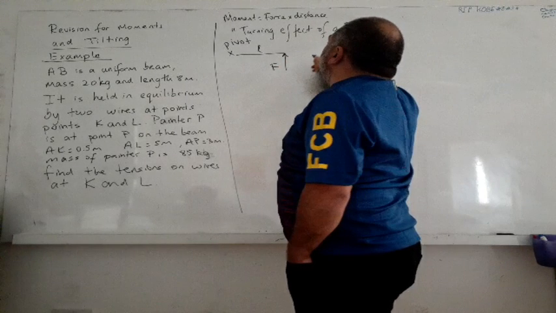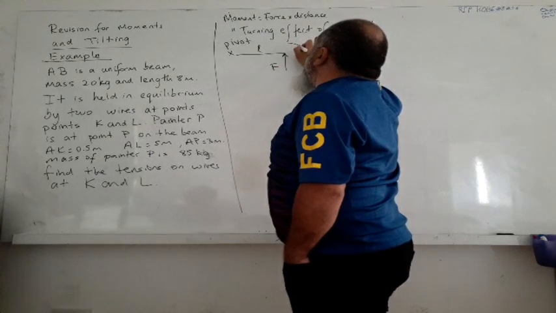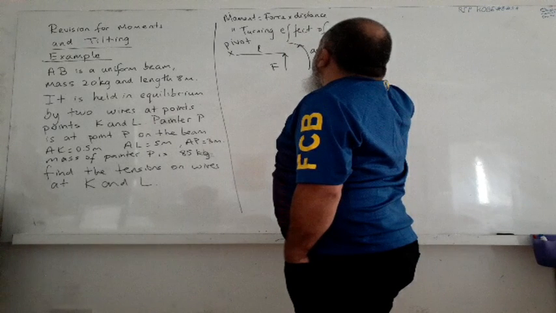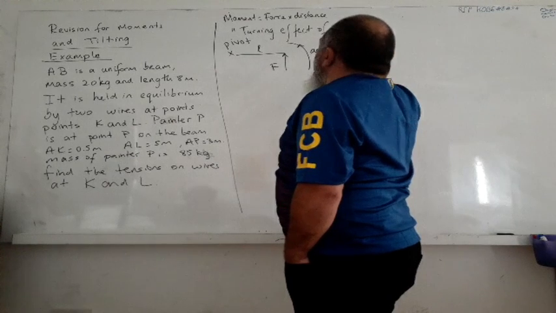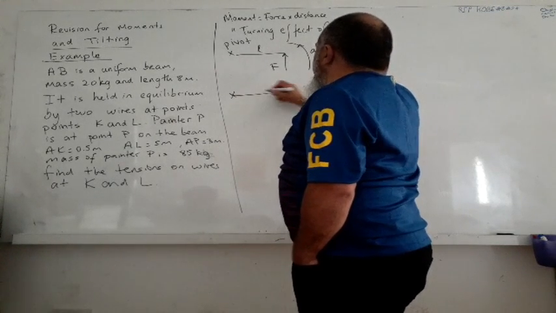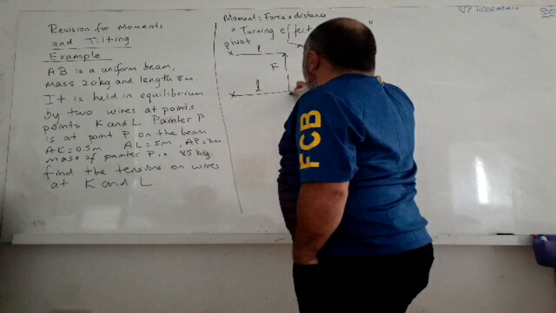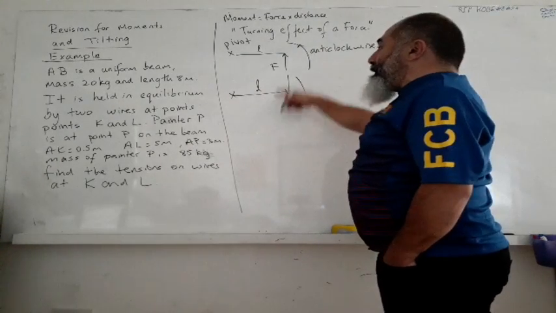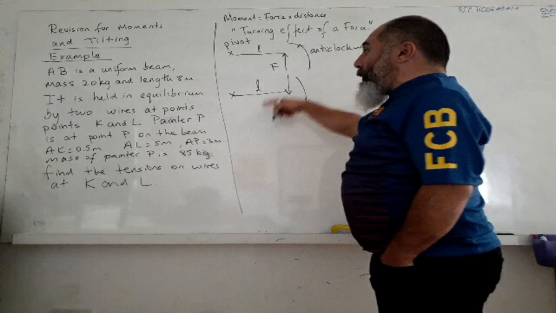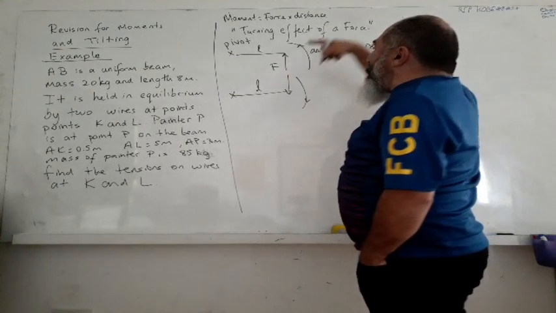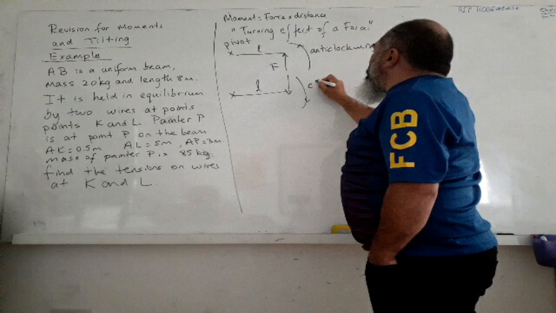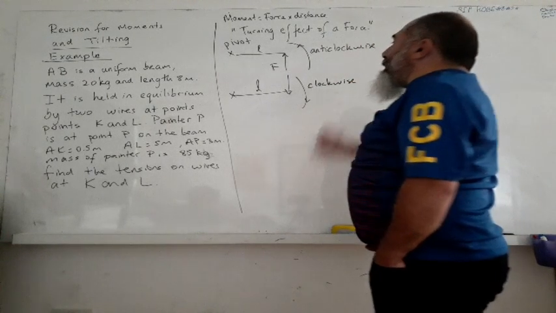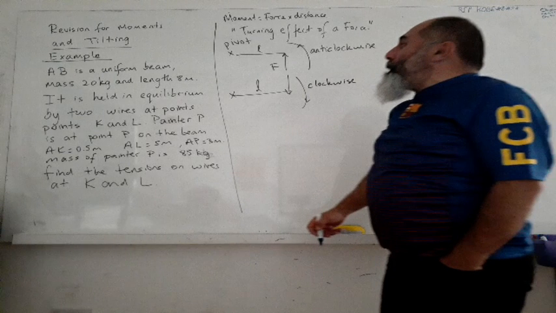Either turns in the anti-clockwise direction, or if we apply a force in that direction, the object is going to turn, the rod or the plank or the beam is going to turn in the clockwise direction. And we have a very important word here, which is equilibrium.